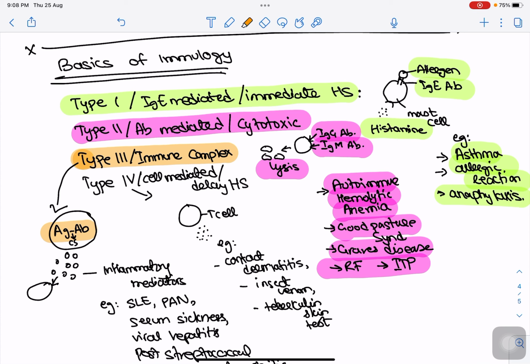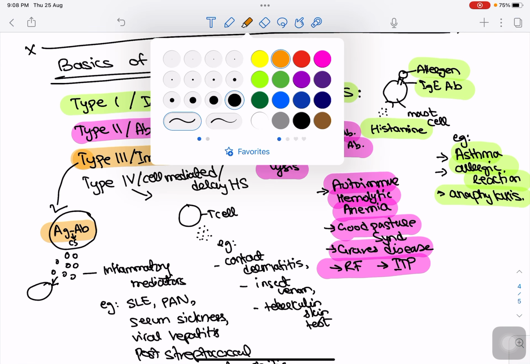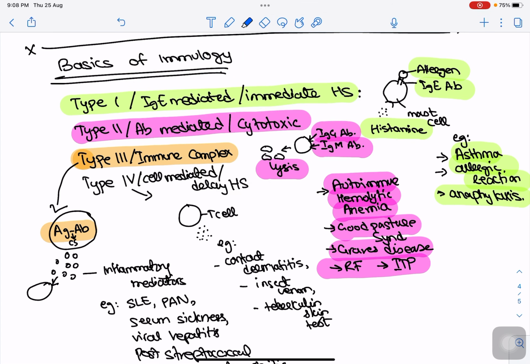So if you learn the second name, I would say it would be easier to remember exactly what type of reactions these are. If you learn cell mediated delayed hypersensitivity reaction, the name suggests that it is T cell mediated hypersensitivity reaction in type 4.